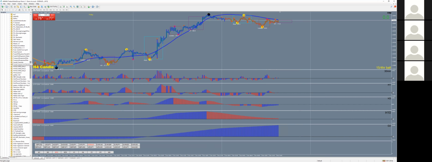So if you go to the Euro Aussie, and then go to the 15. Hold on a second, looking for my auto fib.